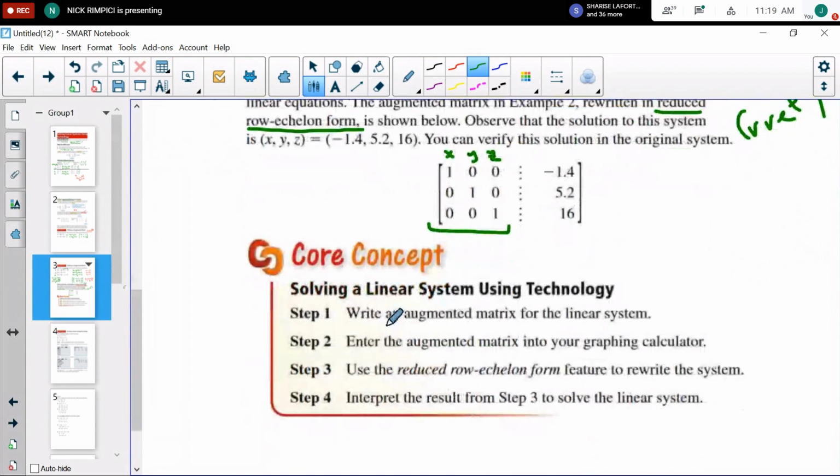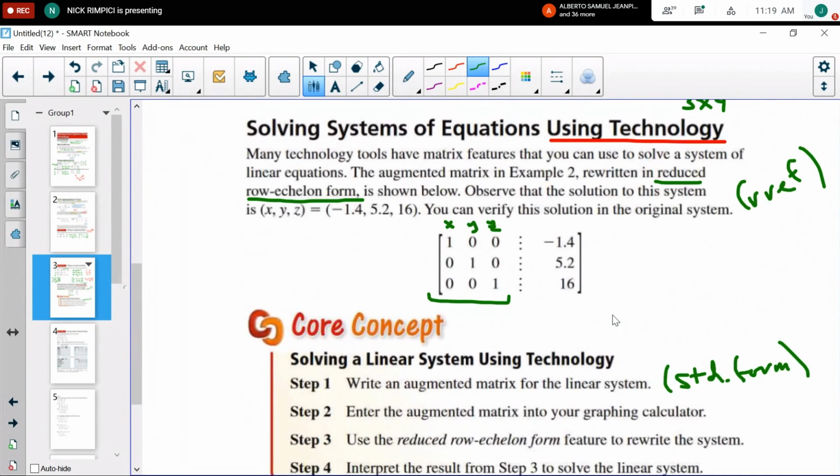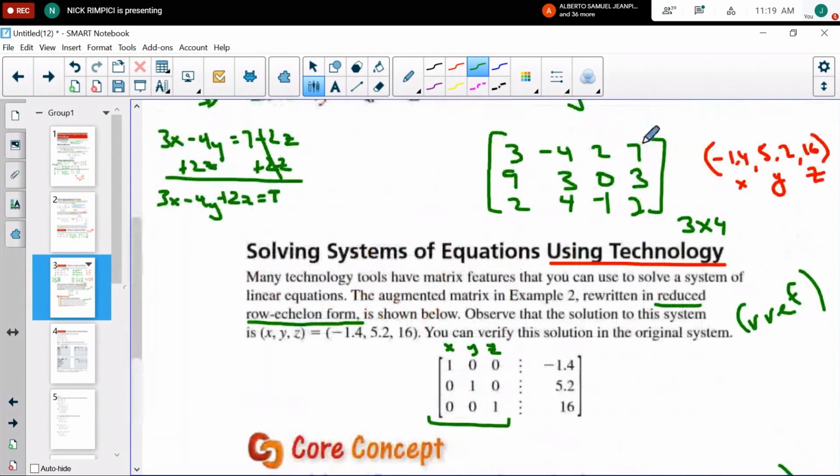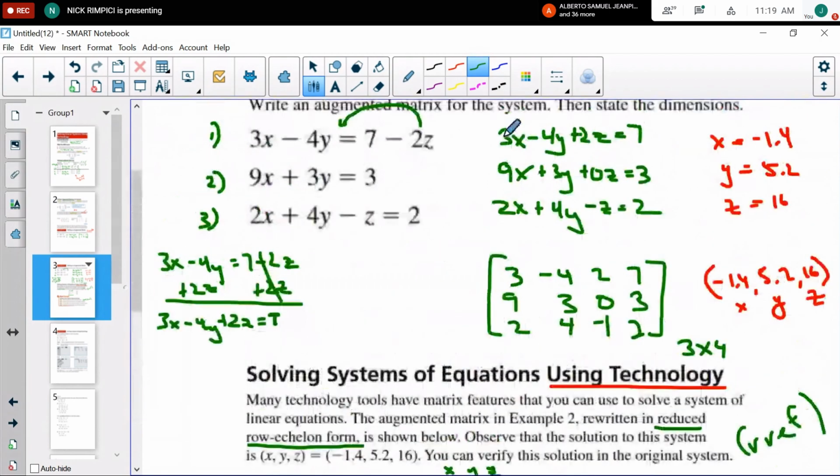I also added the steps for doing this. I'm going to post this to Classroom so you can have it. Step 1 is to write an augmented matrix for the linear system, but it has to first be in standard form. The augmented matrix means you take the coefficients and write them this way and put it in the computer.